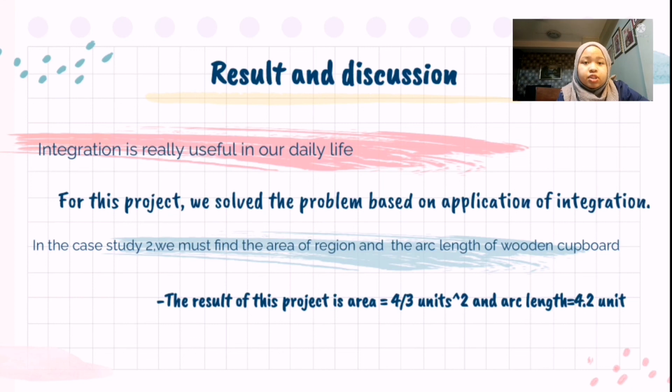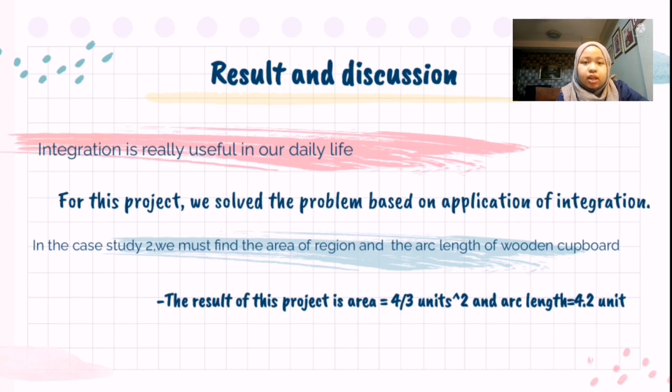For this project-based learning, we are working out the case based on the application of integration in chapter 6 that we have learned. In case study 2, after we sketch the graph and solve the area of the region, we must find the arc length by using the trapezoidal rule or Simpson's rule.